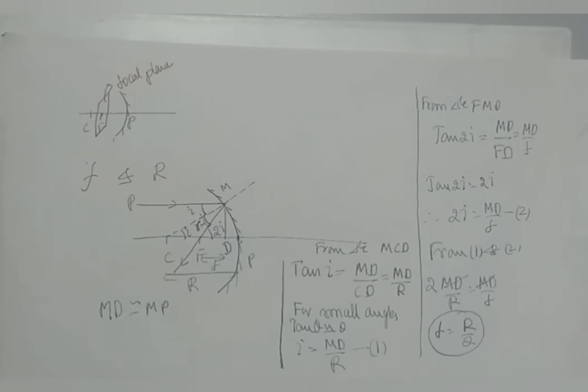Now, proceeding further, from triangle FMD, because I connected I now, I want to connect F there. To connect F, how to take the triangle? That will tell me what I should bring into the derivation is F, the focal length.